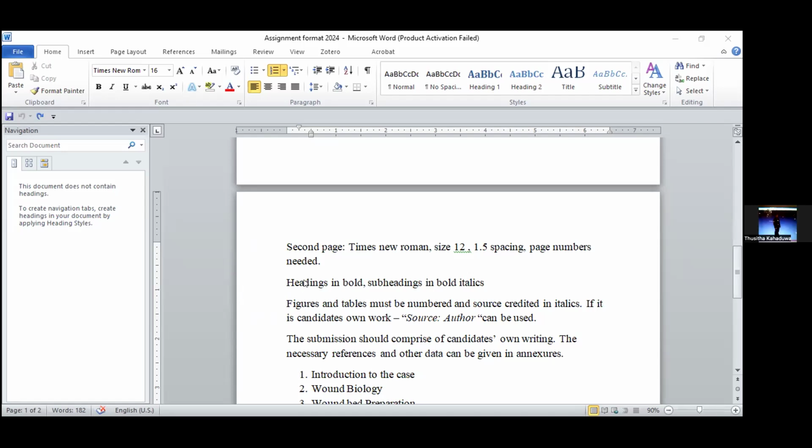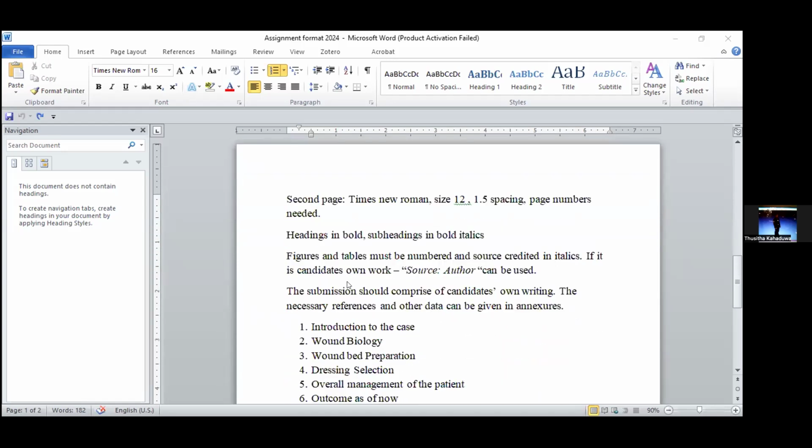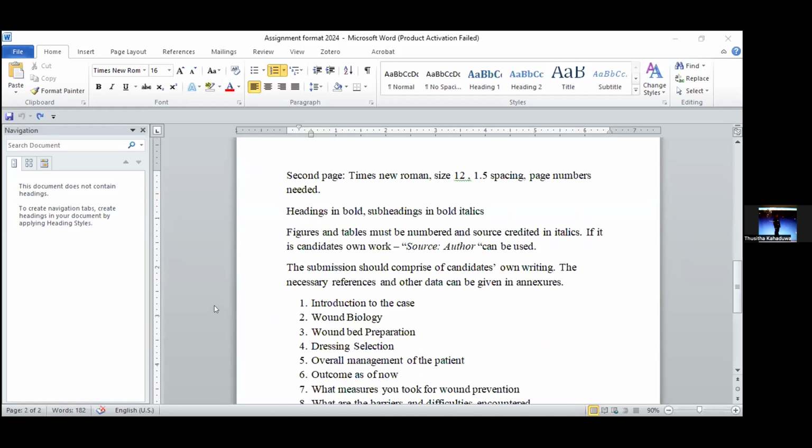Yeah, Dr. Tushani is here. So today the first lecture will be on bed sores and management and prevention of it. I think prevention we spoke in a little bit of detail in the wound prevention lecture, and then afterwards the wound biology lecture.